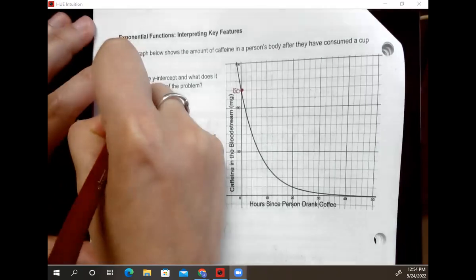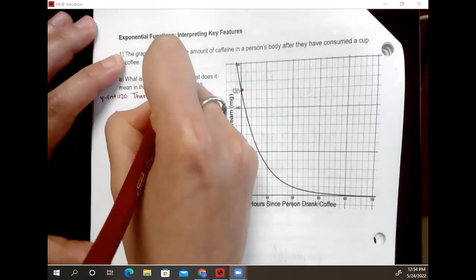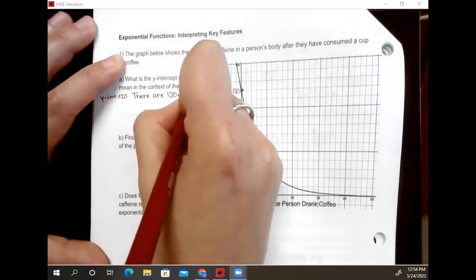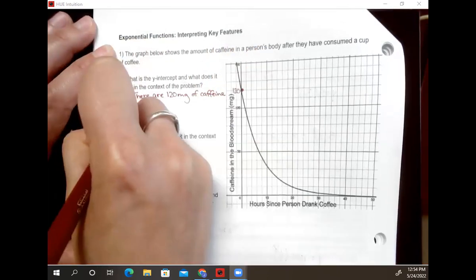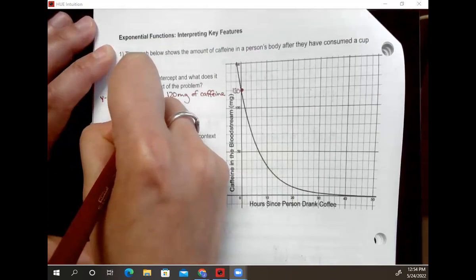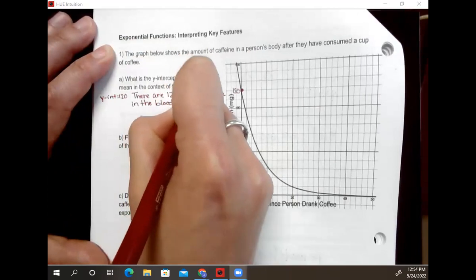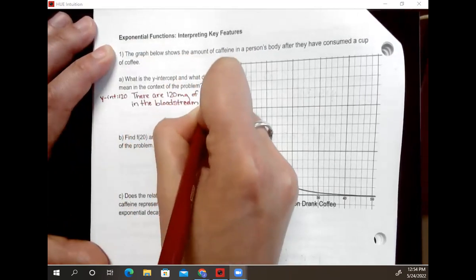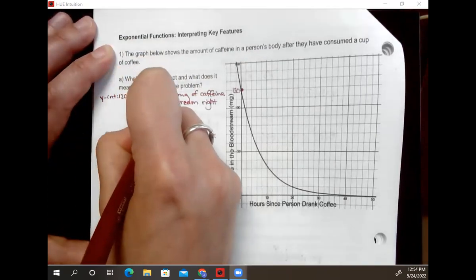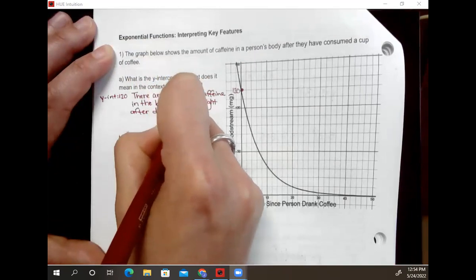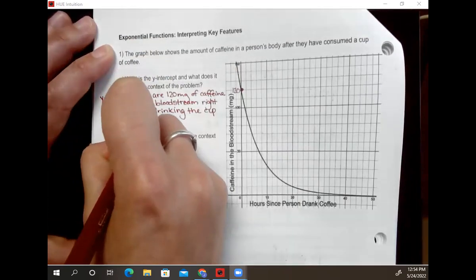So I would say there are 120 milligrams of caffeine in the bloodstream right after drinking the cup of coffee.